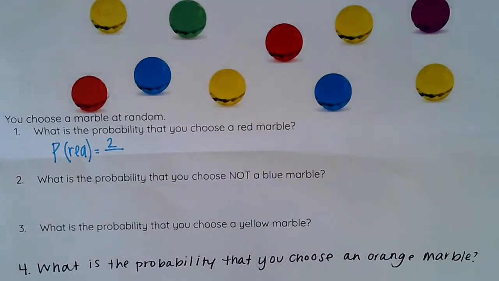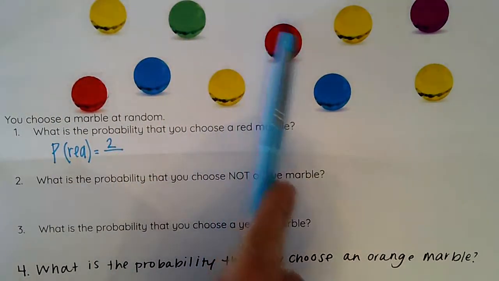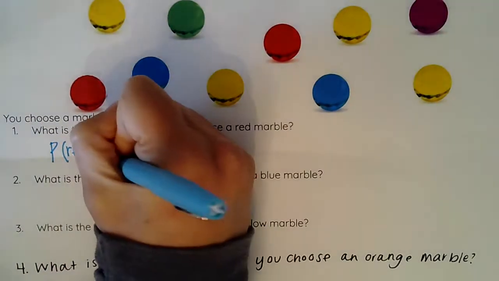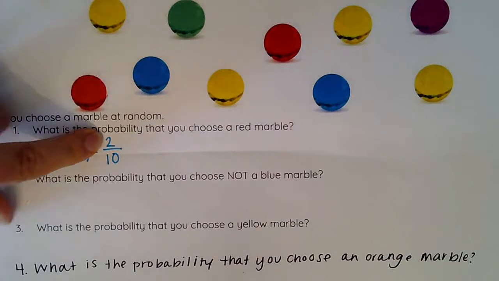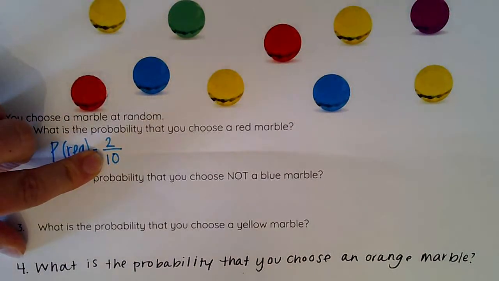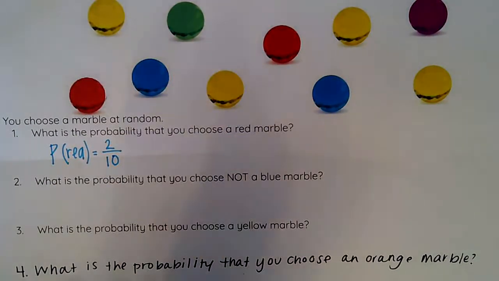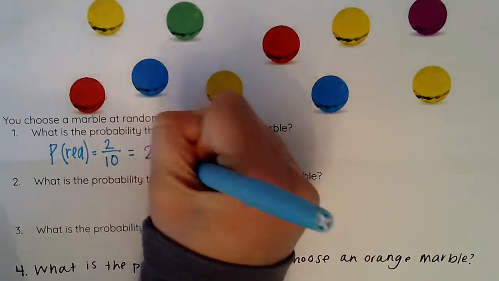Because I have 2 red and then a total of 1, 2, 3, 4, 5, 6, 7, 8, 9, 10 possible outcomes, that goes on the bottom. So however many red there are goes on top, and the total number of possible outcomes is on the bottom. Again, I can translate that into a percentage, which would get me 20%.